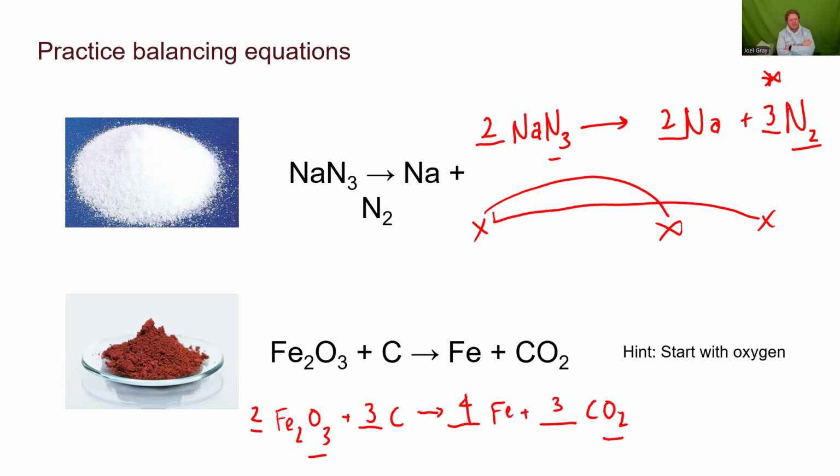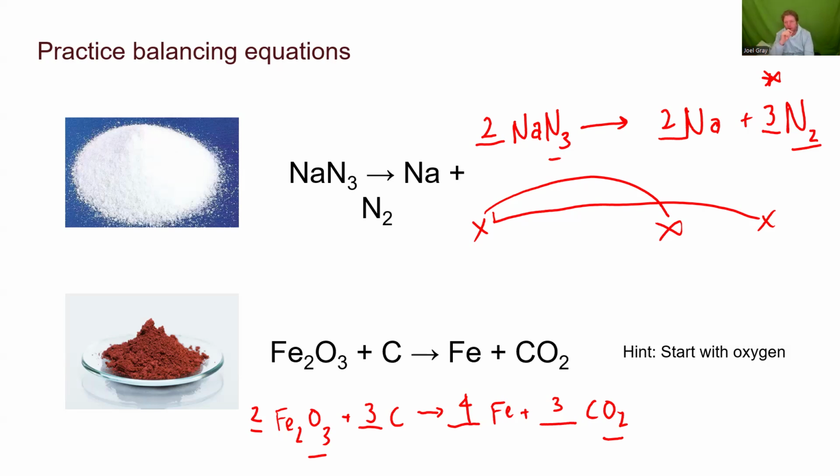Now, did that look complicated from the start? I think so. Was it complicated when we started with focusing in on one atom? I don't think so. What did we have to do? We had to add a coefficient and say, okay, what are the consequences of adding that coefficient on my product side?